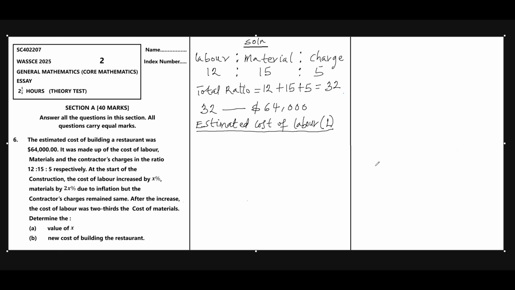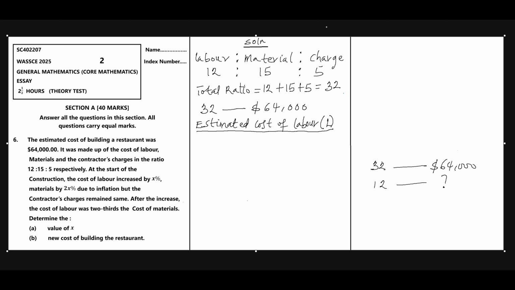If the ratio 32 is giving us a total of $64,000, then the ratio for labor, which is 12, must also give us a cost in dollars.